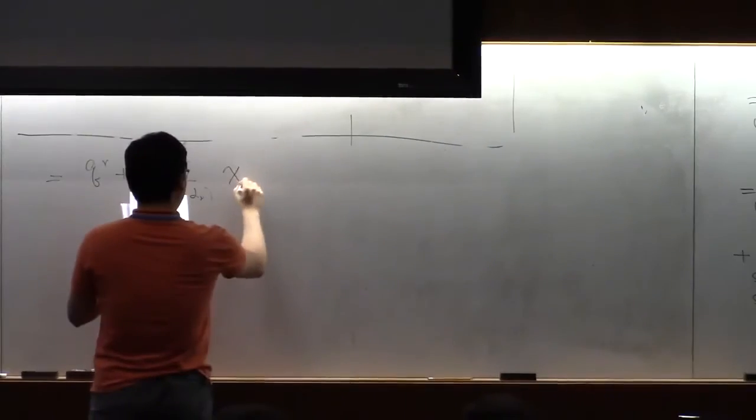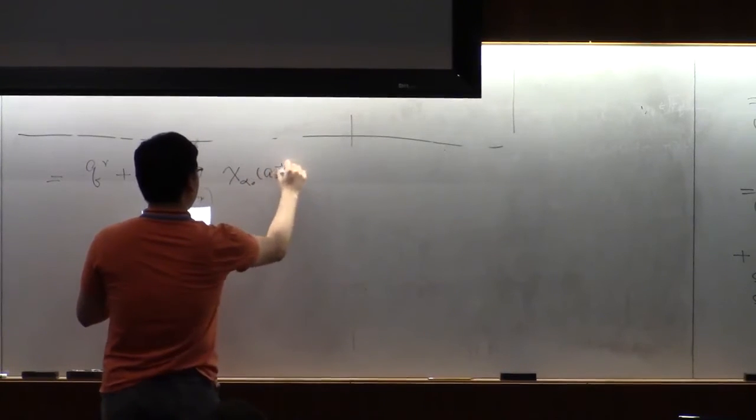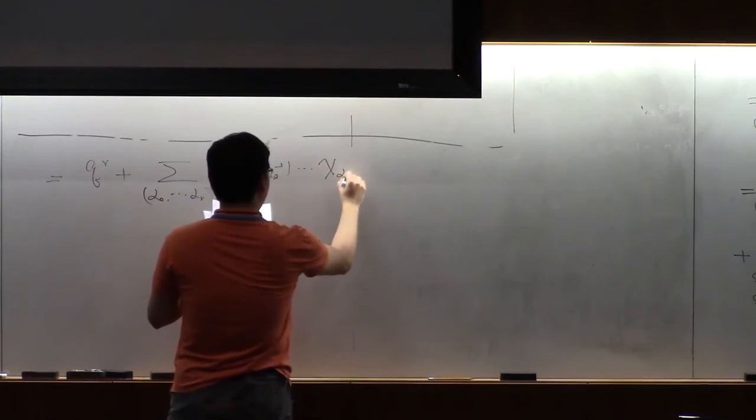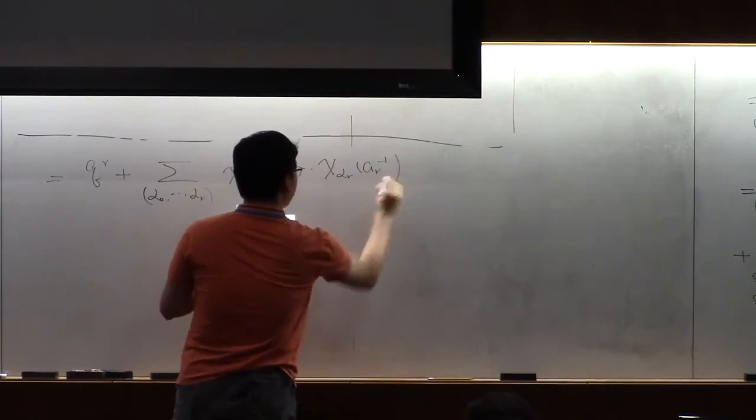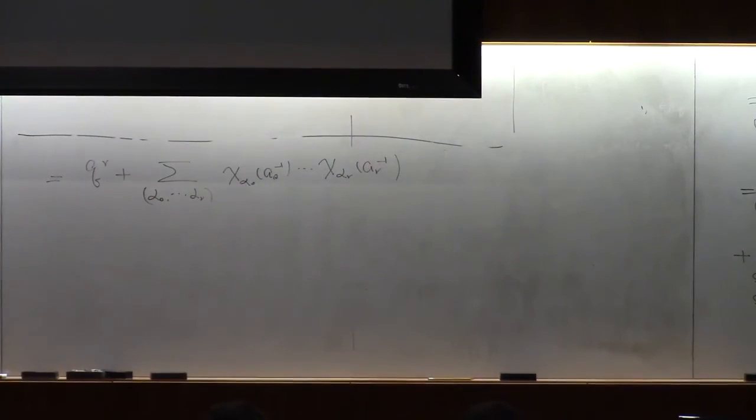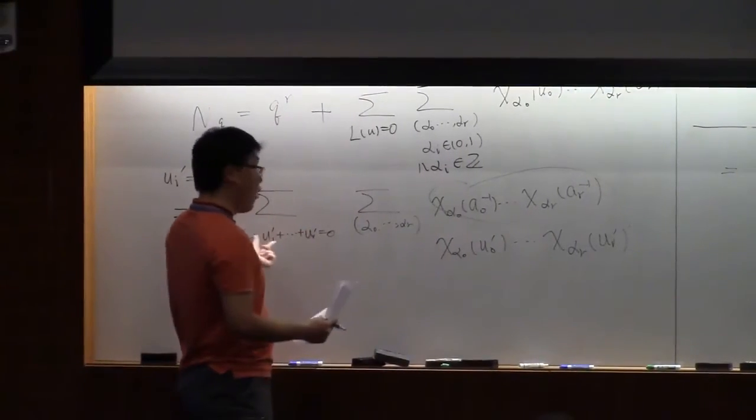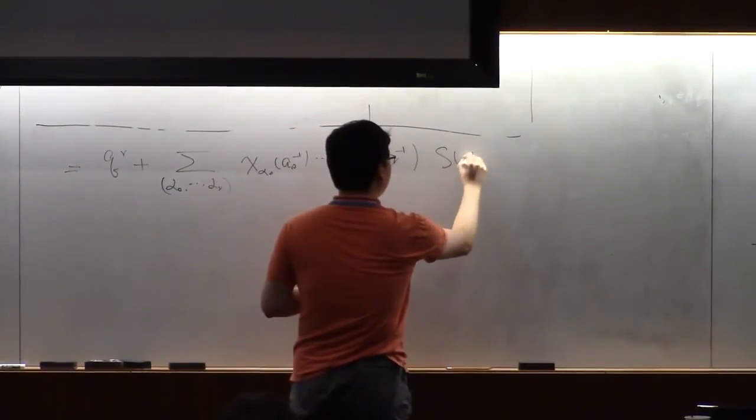So we have chi alpha 0 of a0 inverse up to chi alpha r of ar inverse. And the rest is the summation with respect to u. And I denote it by S alpha.